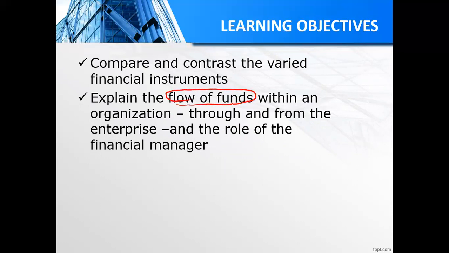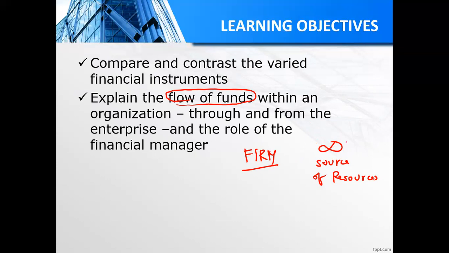Okay. Now, why is this important? Because no firm has an infinite source of resources. Okay, so you know the symbol for infinity. Even the richest firm in the whole world does not have an infinite source of resources.